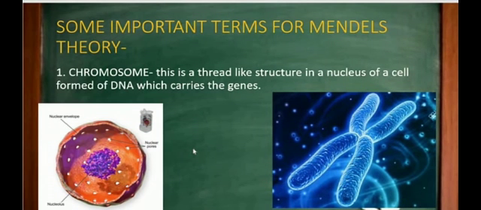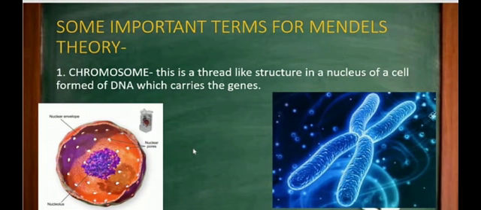Now there are some important terms for Mendel's theory. Before going on with Mendel's rule, we will discuss some of the important terms. That is chromosome. This term you might have heard in your class 8th, class 9th, right? So chromosome is a thread-like structure which is present in the nucleus of a cell, and it is formed of DNA.